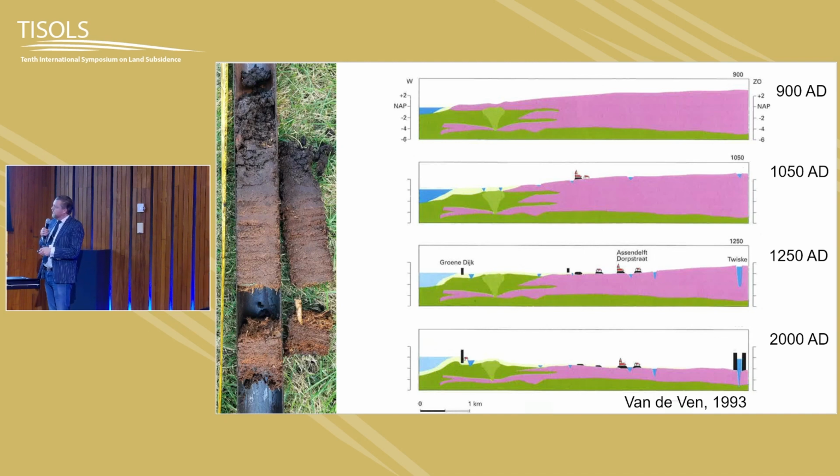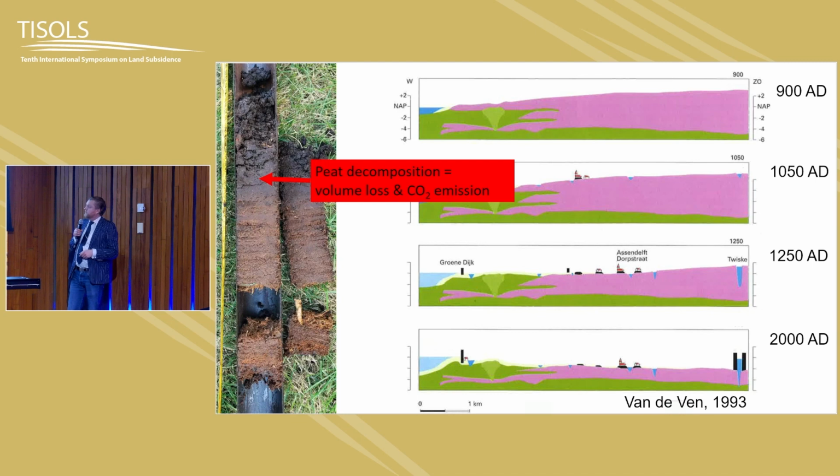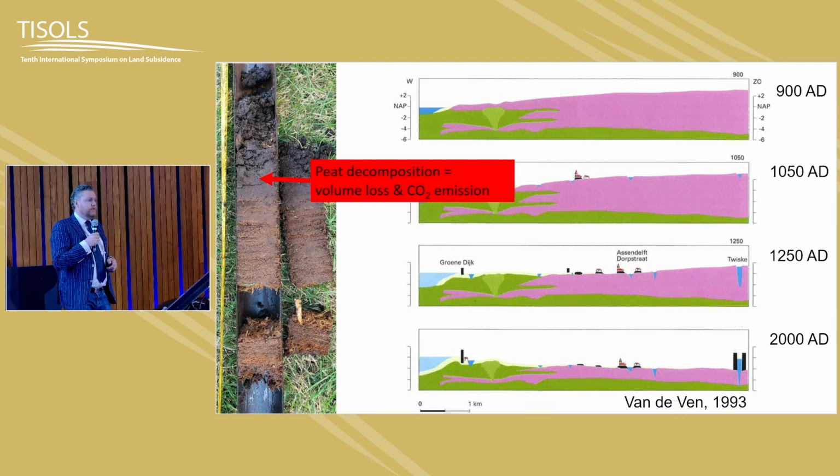The brown peat below that is not being affected by oxygen or by decomposition and is still in its original state. Now, that's not the only process that leads to land subsidence. There's also compaction, so consolidation and creep, happening. So we need to be able to separate these two processes, because it's only decomposition that causes volume loss and CO2 respiration. If we want to combine the two, we need to be sure that we can separate the two processes.